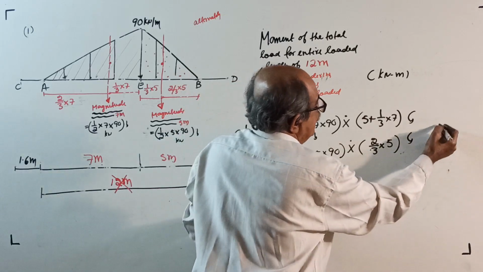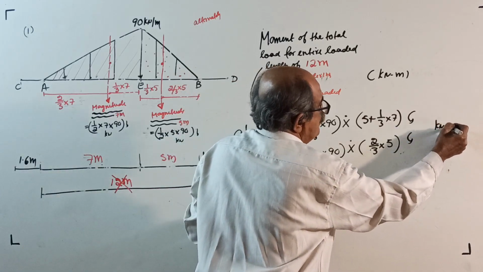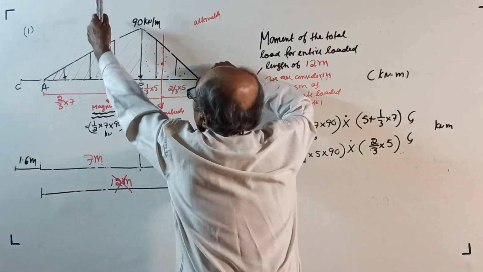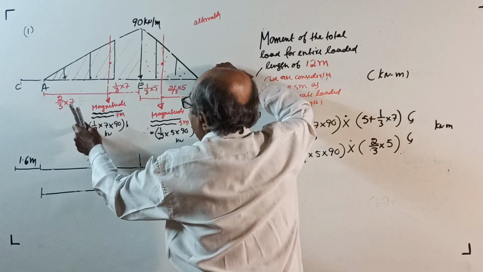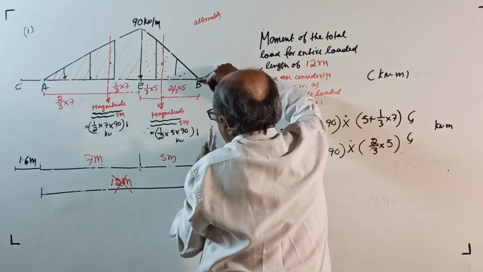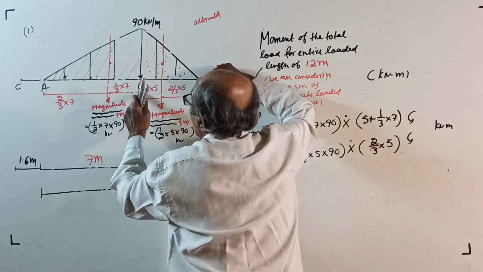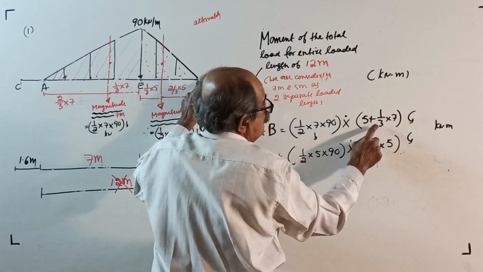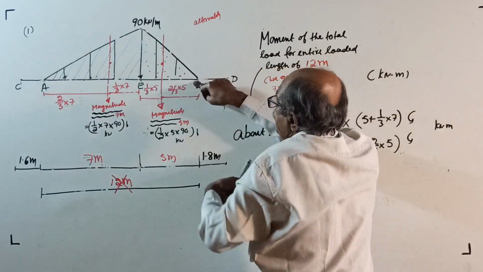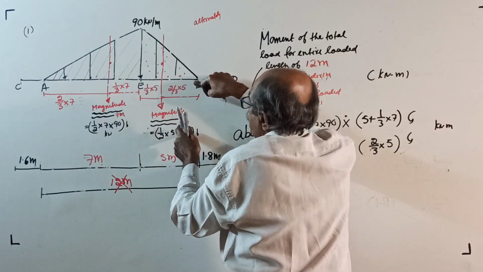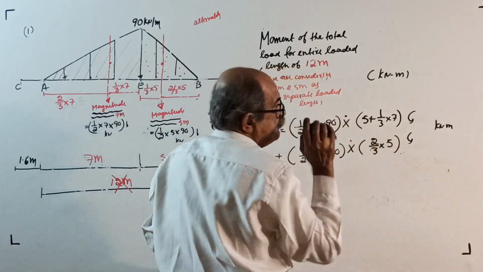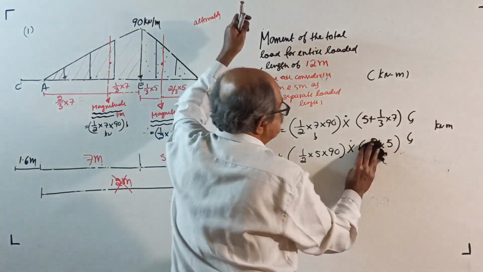Every time you write here, kilonewton meter. Okay, now see here. Moment about B. This load, half into 7 into 90 into, moment about B, 5 plus 1/3 of 7, anti-clockwise. Plus once again, half into 5 into 90 into, from here to here is 2/3 of 5. Both are anti-clockwise.